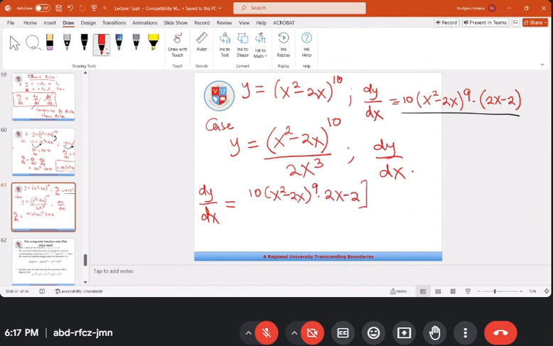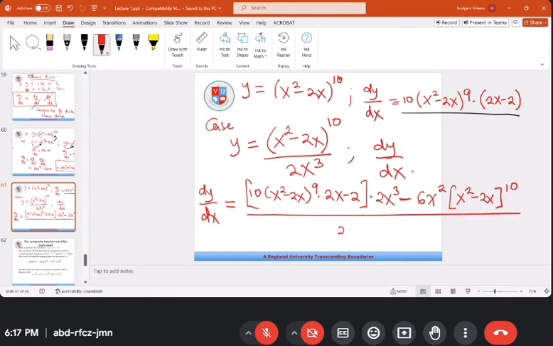The whole thing times the lower function, which is 2x cubed, minus the derivative of the second function, which is 6x squared, times the first function, which is x squared minus 2x raised to the power of 10. The whole thing divided by the square of the second function.